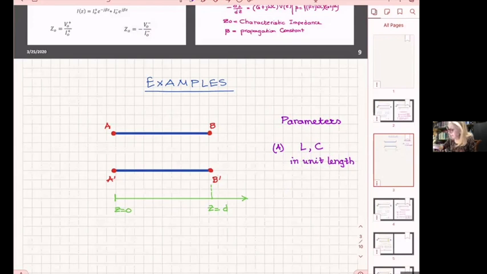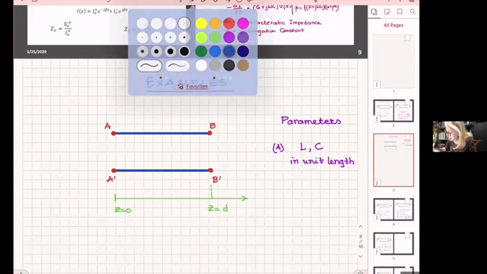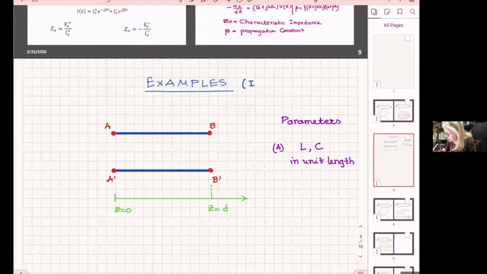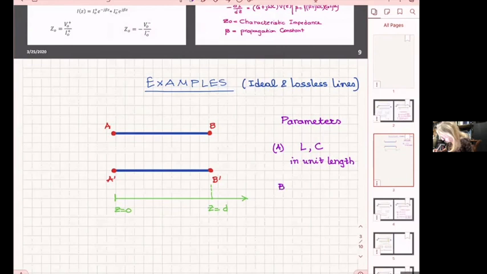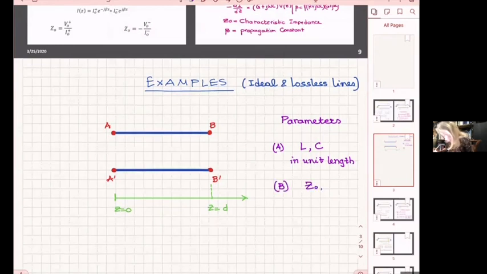And I will assume at this point also that these are ideal and lossless lines. Okay, that's important. So B, I will give you Z naught and beta.